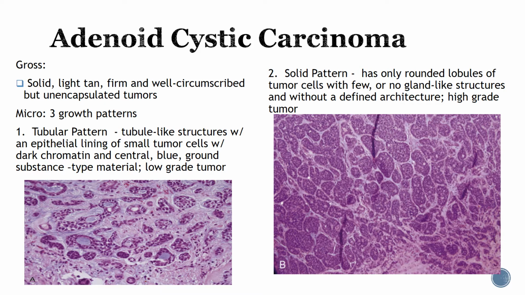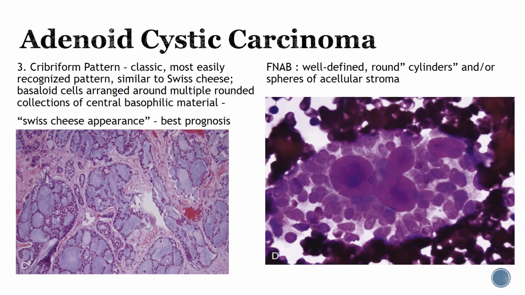The solid pattern has only rounded lobules of tumor cells with few or no gland-like structures and without defined architecture. The classic and most easily recognized pattern is the cribriform pattern, which is similar to Swiss cheese. The basaloid cells arrange around multiple rounded collections of central basophilic material, giving it a Swiss cheese appearance. It has the best prognosis.